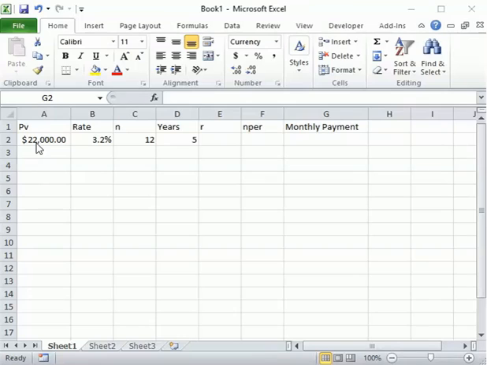That's our principal value that we put there, with an interest rate of 3.2%, which I've entered in here. You'll notice I have this entered as a percent. As long as I enter it this way, and make sure it's marked as a percent, and you'll see up here it's percentage right there, then Excel will do the calculations and treat this as a percent.